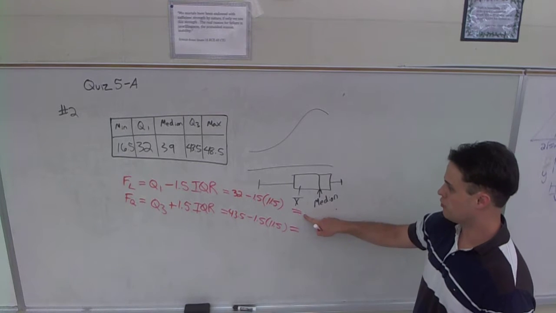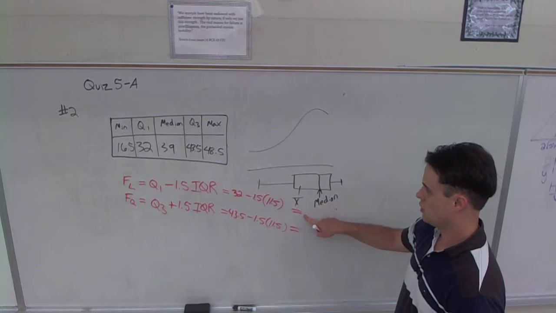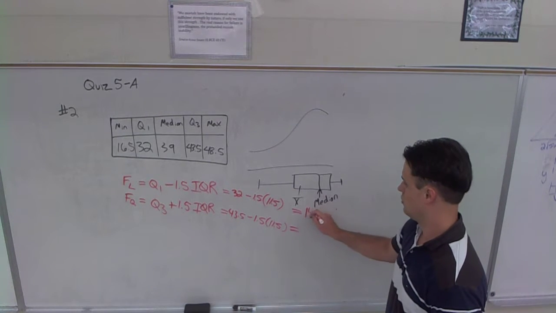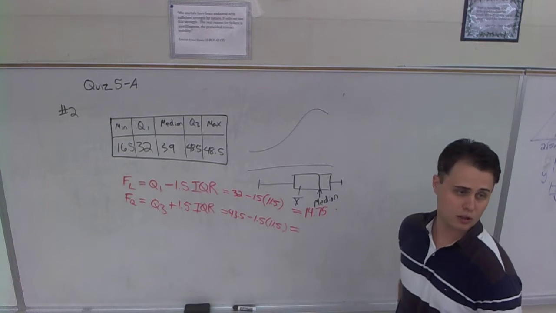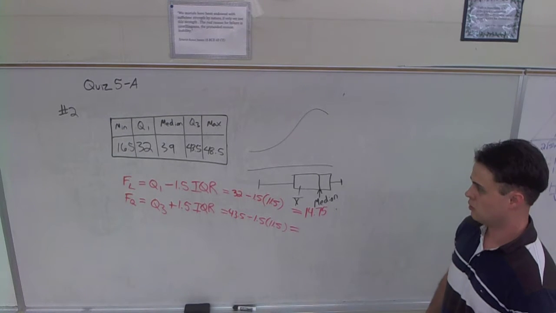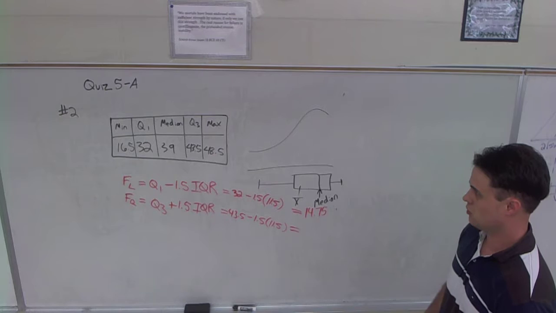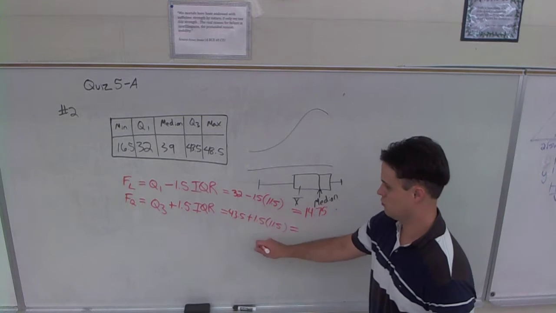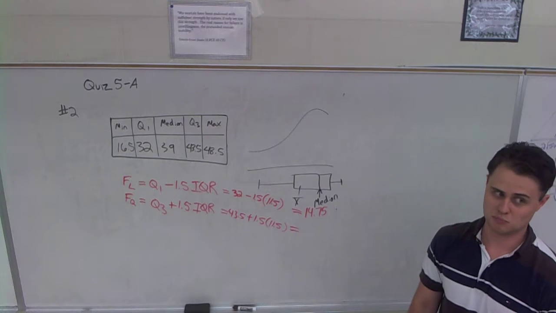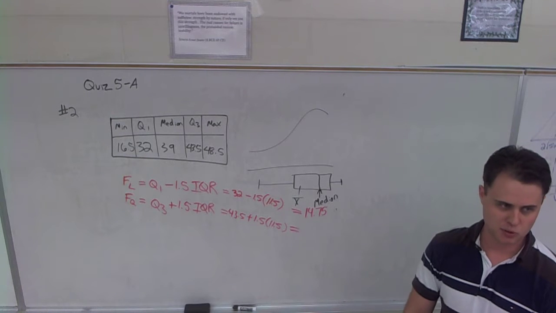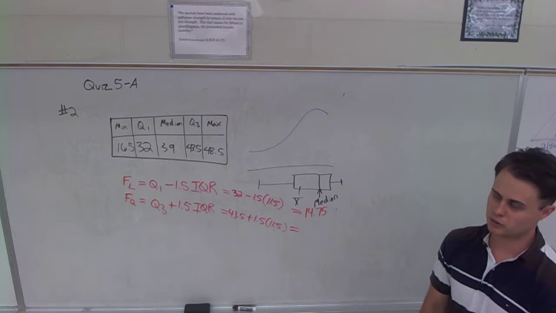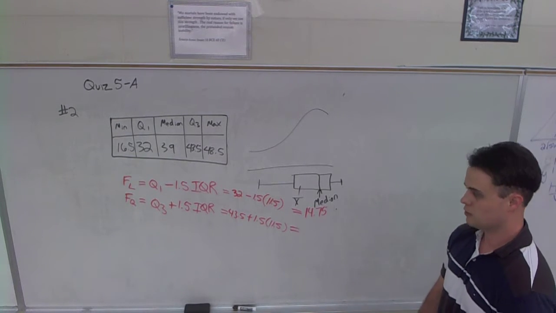What's this top one, the lower fence? Yeah, Montana? Your second fence is supposed to be plus. Yeah. I went the wrong way. Sometimes I drive down one way is the wrong way. Sorry. It's bad, right?